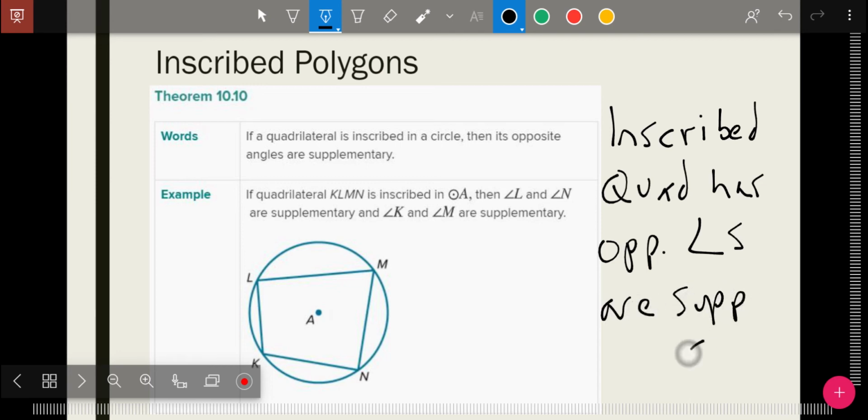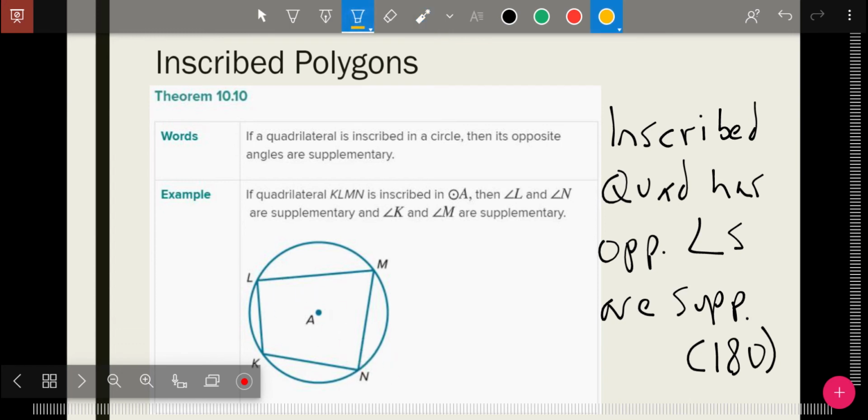And in case you forgot, that means that inscribed angles add up to 180. So here angles M and K would add up to 180. Angles L and N would add up to 180.